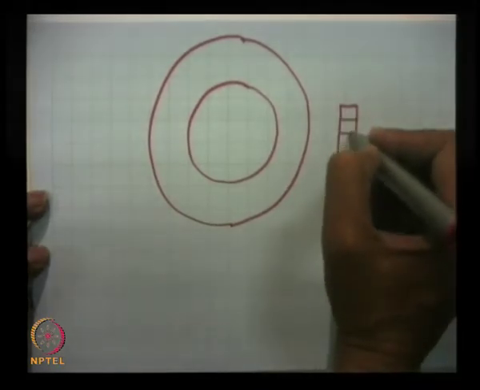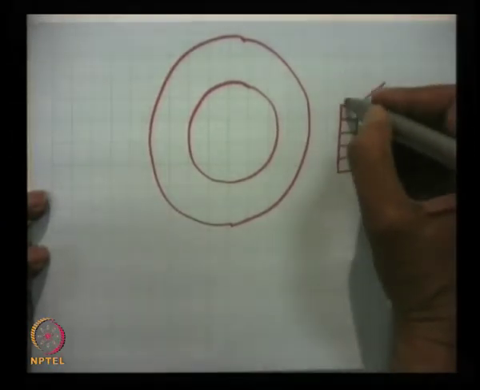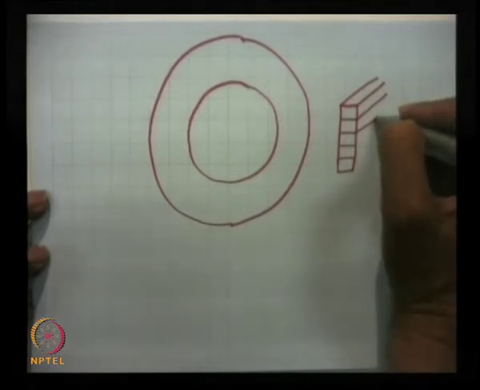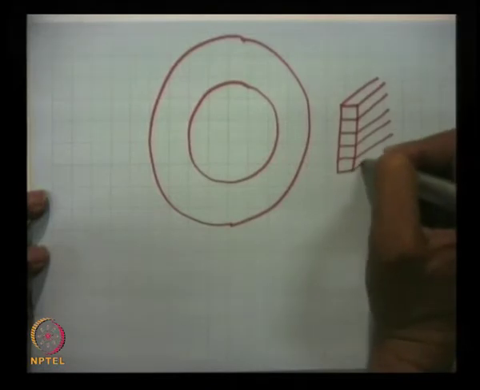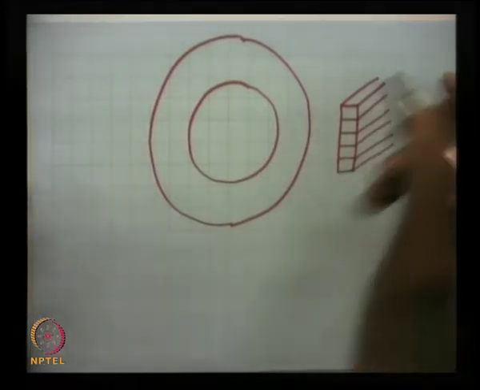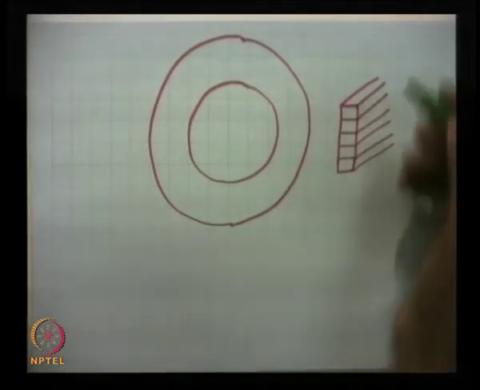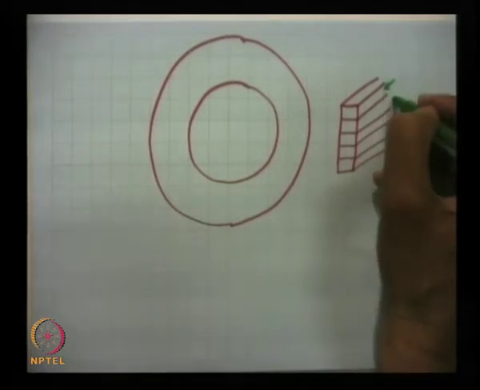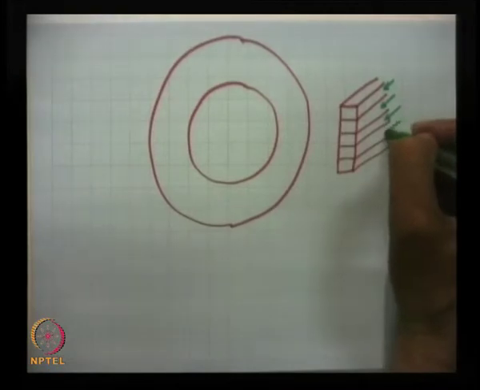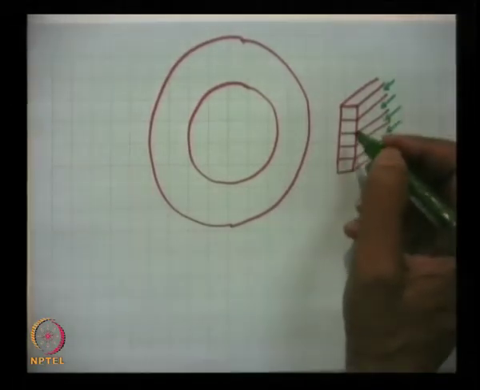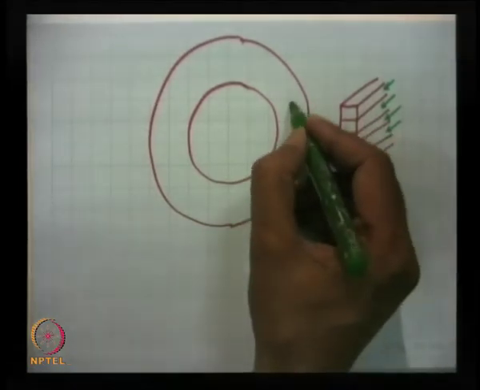In successive waveguides you are launching waves. In every waveguide a wave is coming, but they are not in the same phase. The wave in this waveguide will have one phase, the wave in the second waveguide a different phase, the third another phase, and so on. So, by properly phasing these waveguides, you can make the wave that is launched here travel in a particular direction like this.